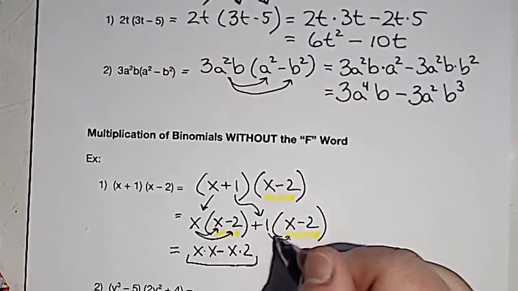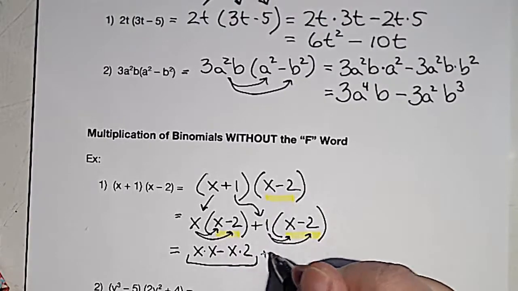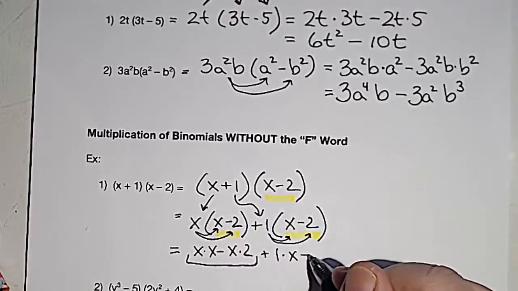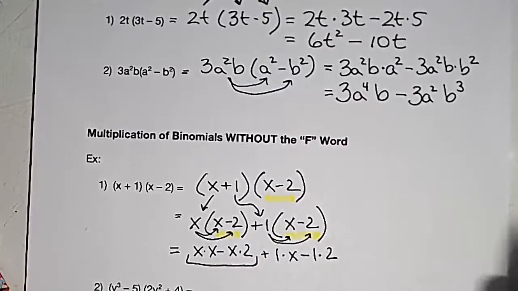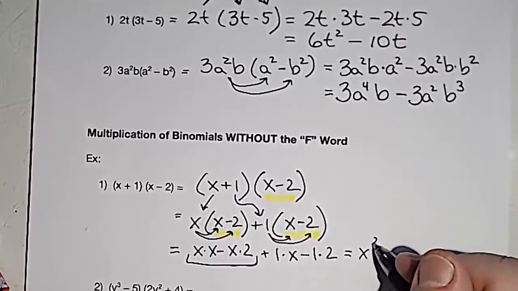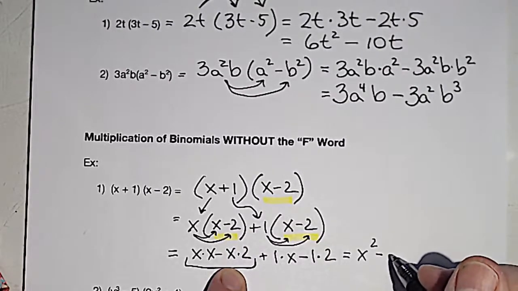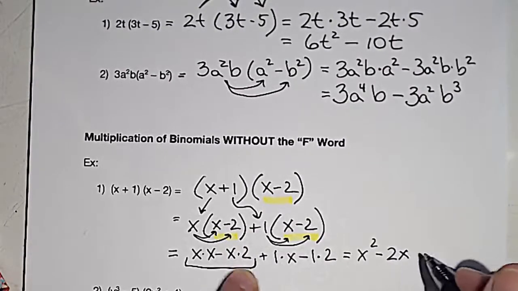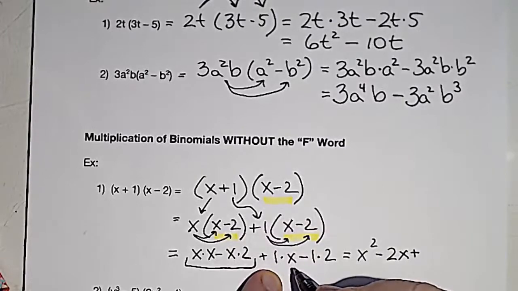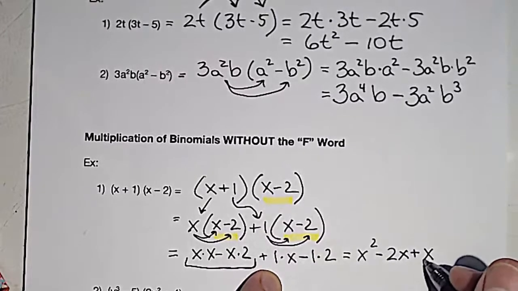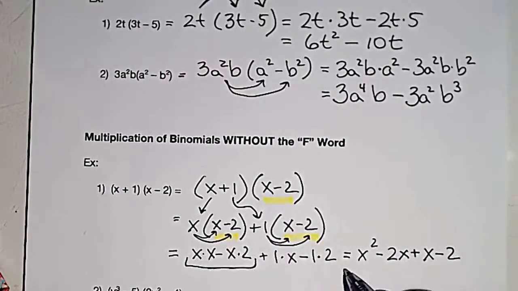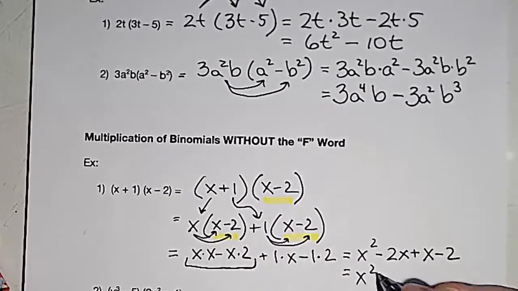And then the 1 comes through. 1 times x minus 1 times 2. So altogether, I've got x squared minus 2x plus 1x, which I can write as x minus 2. So I get x squared minus x minus 2.